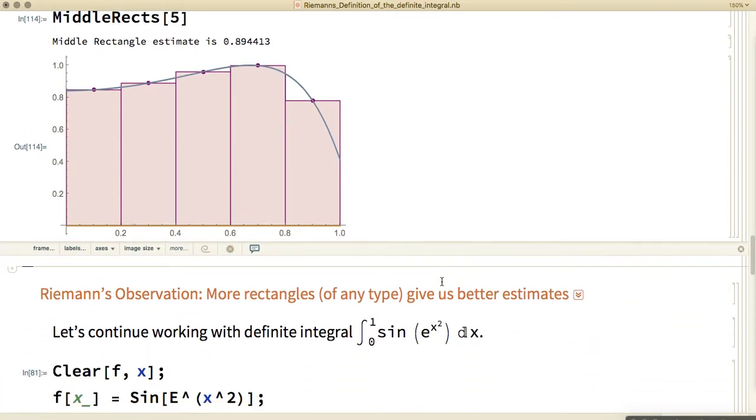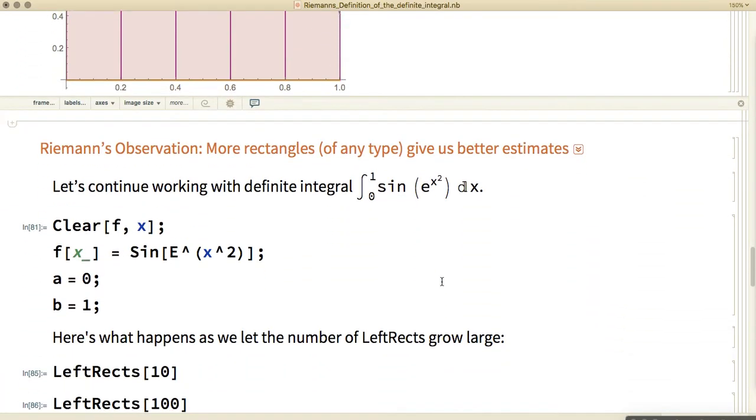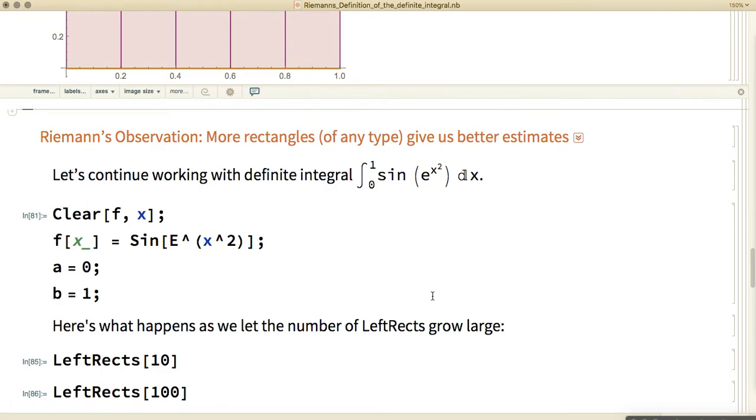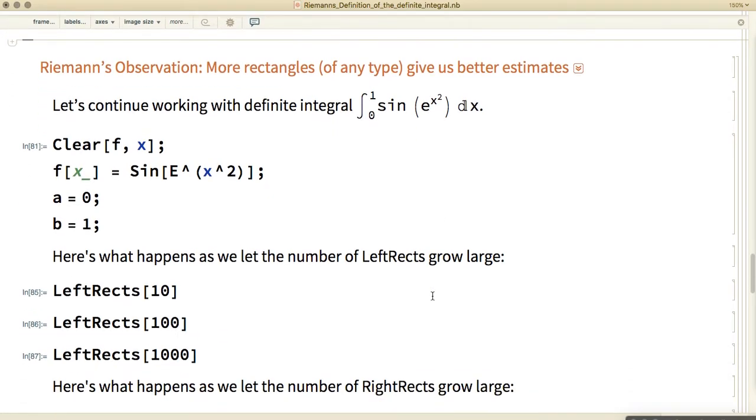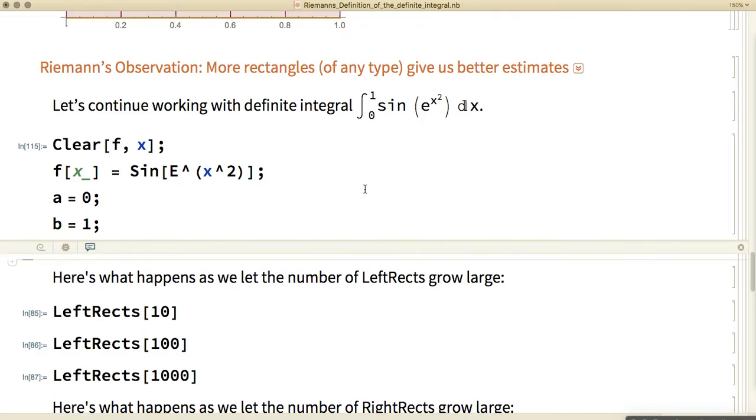Well, what I want to notice is just like we noticed last week, Riemann observed that the more rectangles, no matter which type you have, the better the estimate.